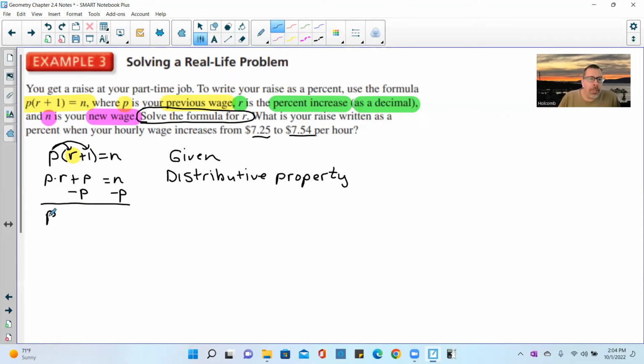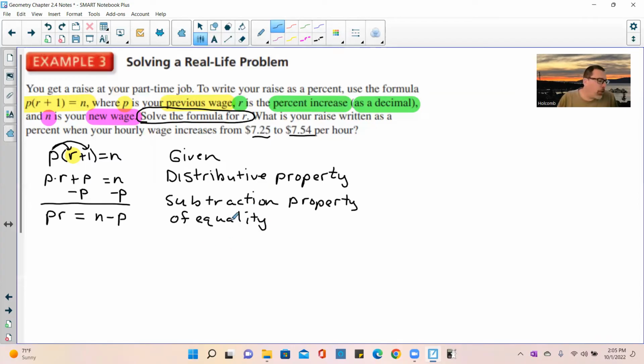This is going to give me PR equals N minus P. And that is subtraction property of equality.